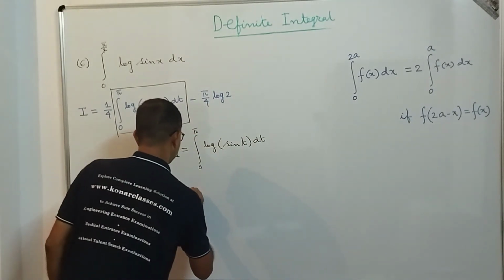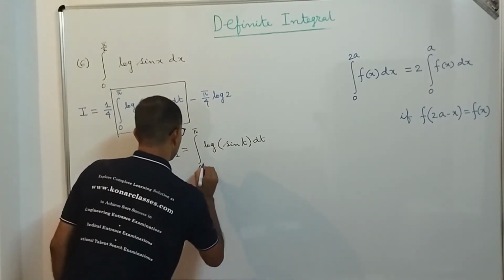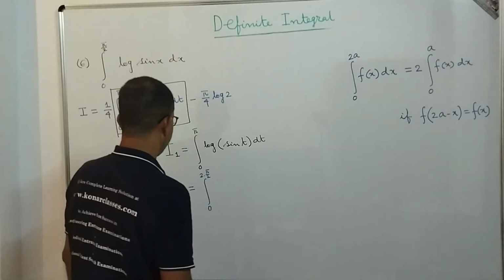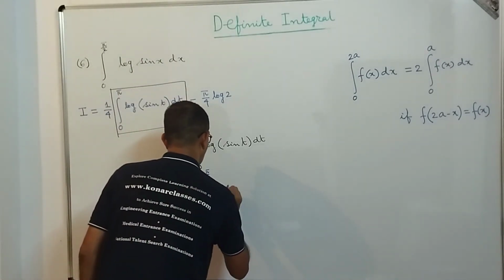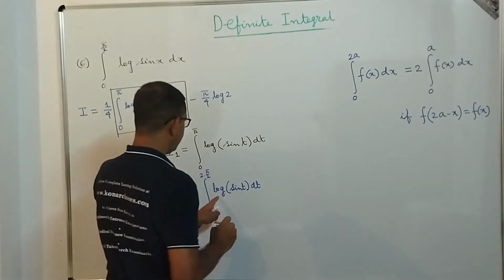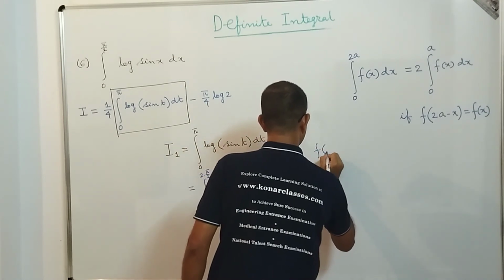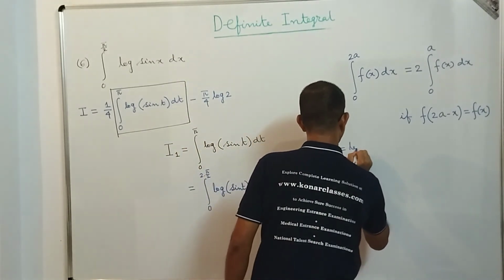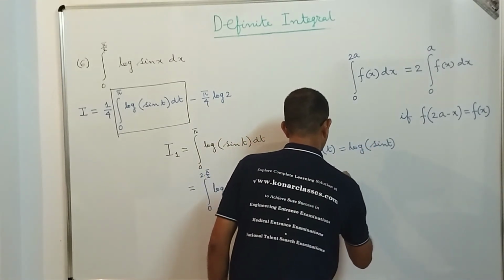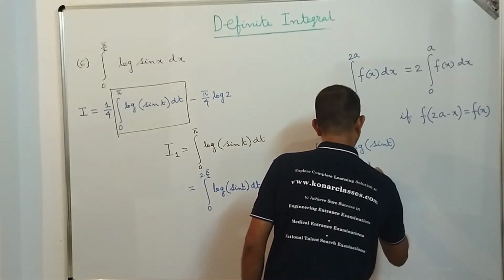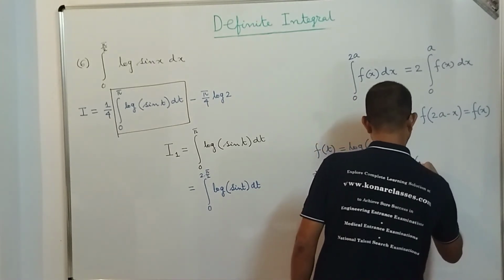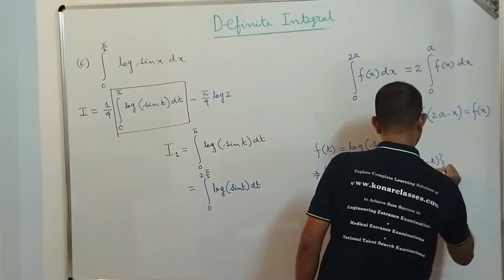So what we can write: this is equal to integration from 0 to, instead of pi, we can write 2 into pi/2, of log of sin t dt. Now if we take f(t) equal to log of sin t, then what is the value of f(pi minus t)? f(pi minus t) means log of sin(pi minus t).